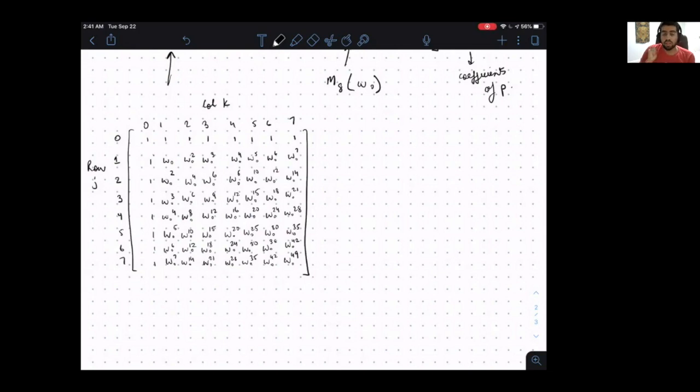And one thing that I want to point out is that the j comma kth entry of this matrix, I'm writing j comma k because we're using i to represent the imaginary number, is going to have the value omega to the jk.